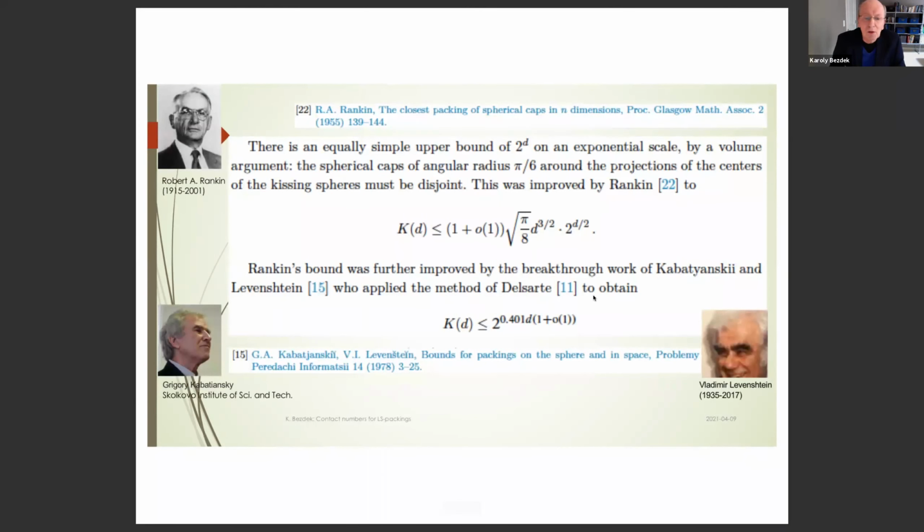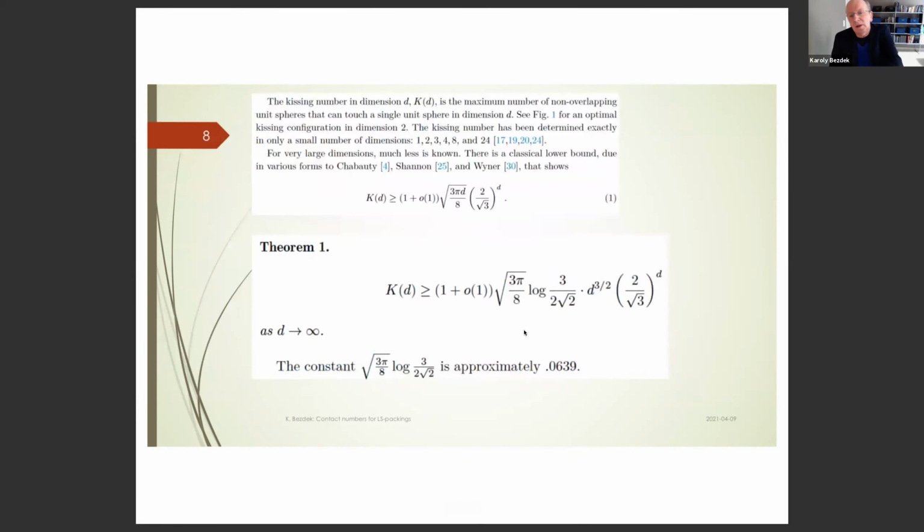There is a counterpart to it, and that's an older result, not a recent one, and that goes back to Kabatsiansky and Levenstein. It proves an exponential upper bound. And if we compare this upper bound to the lower bound that we have discussed on the previous slide, we see that there is an exponential gap.